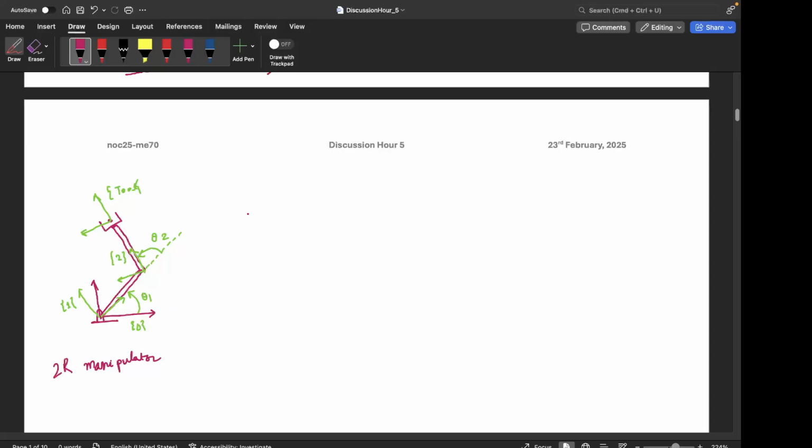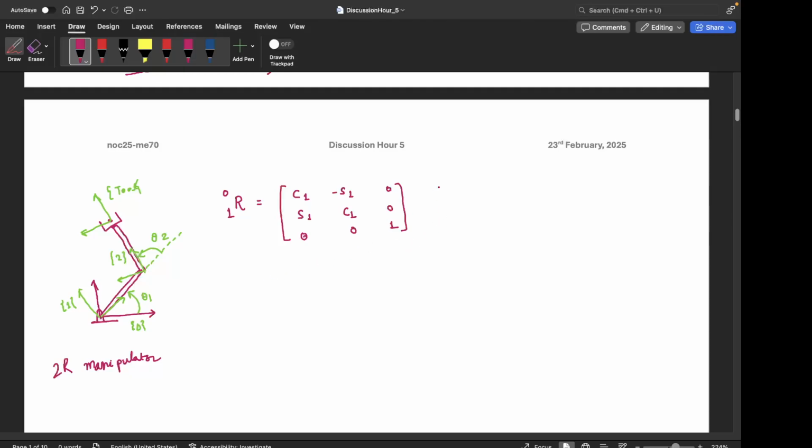Yeah, so continuing back to the point where we are at. This is our 2R manipulator, and first we'll write the rotation matrices. The first frame's rotation matrix can be written as, we all know, cos theta 1, minus sin theta 1, sin theta 1, cos theta 1, with 0 0 1 0 0 in the remaining entries.